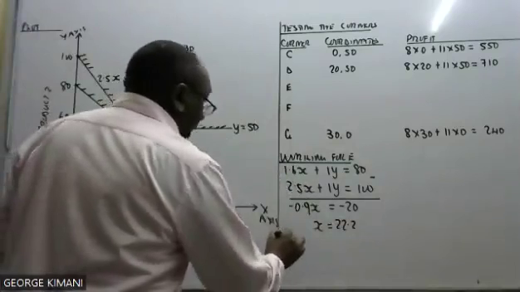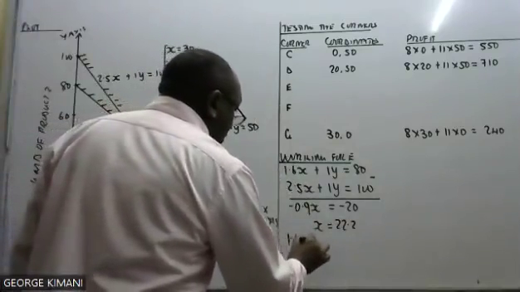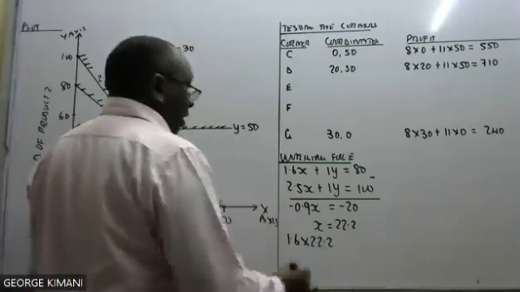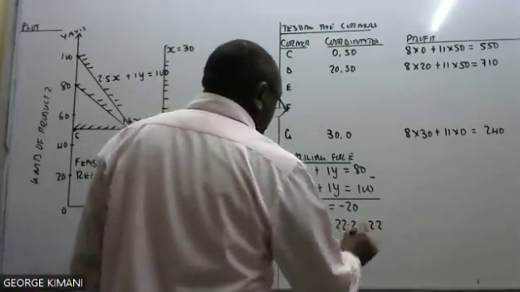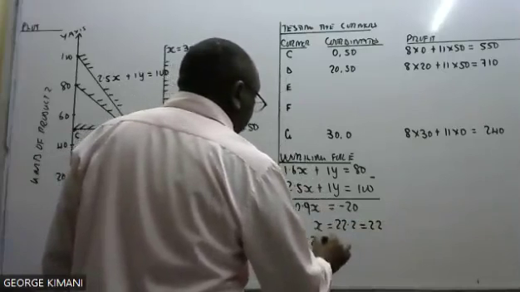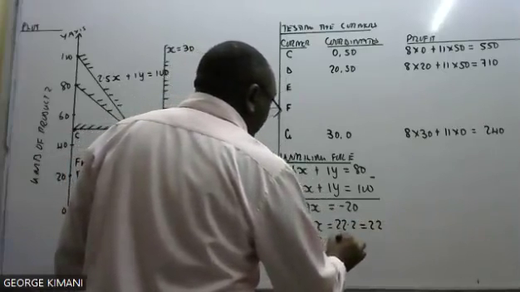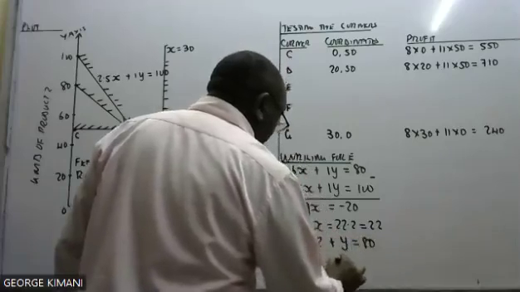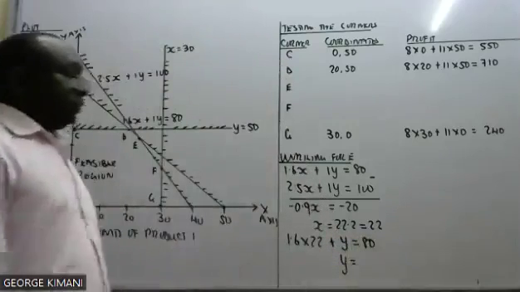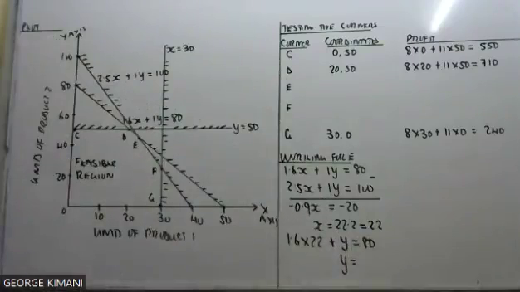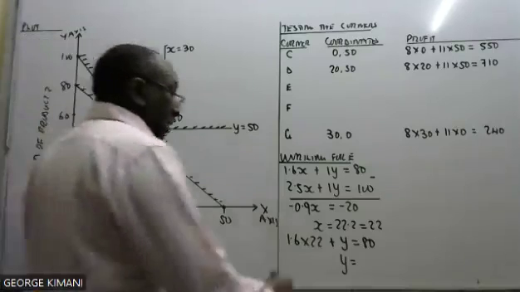22.2. And then put it on the same: 1.6 times 22.2, or we can make it 22, plus y is equal to 80. So tell me y is what? 44.8.